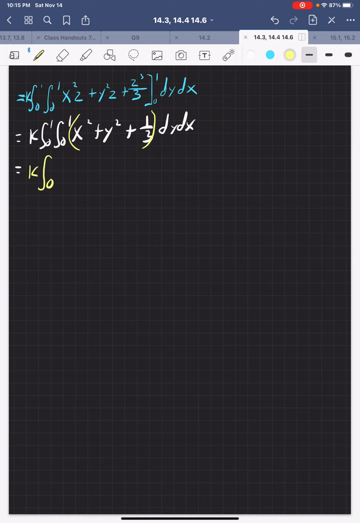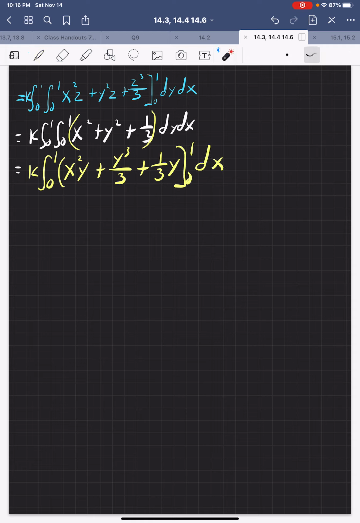So now we're going to integrate with respect to y. So that's x squared y plus y to the power of 3 over 3 plus 1/3 y. All right, one more round of subbing 1 in for the y variables.